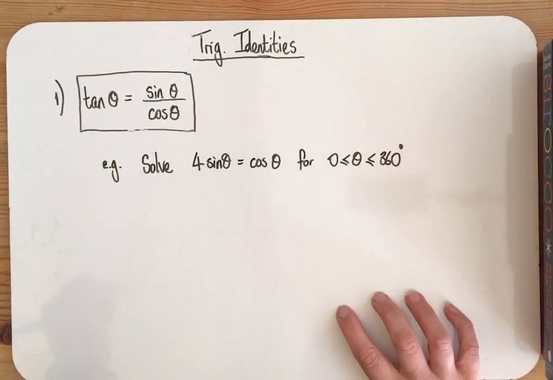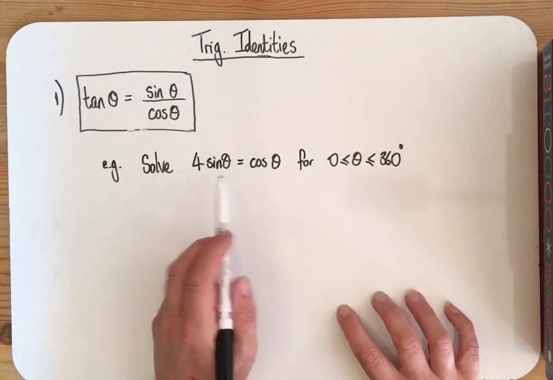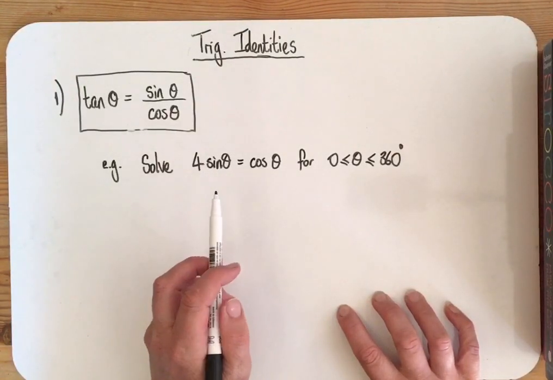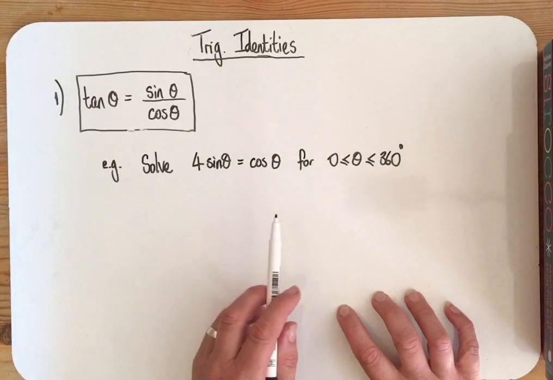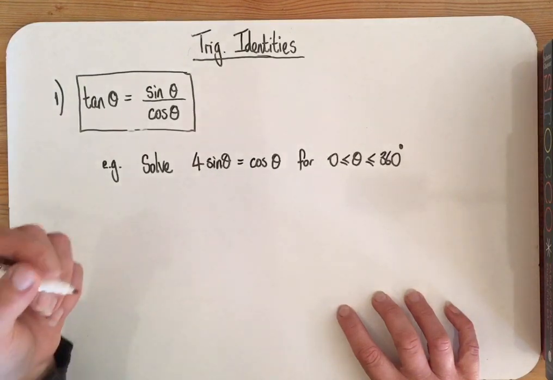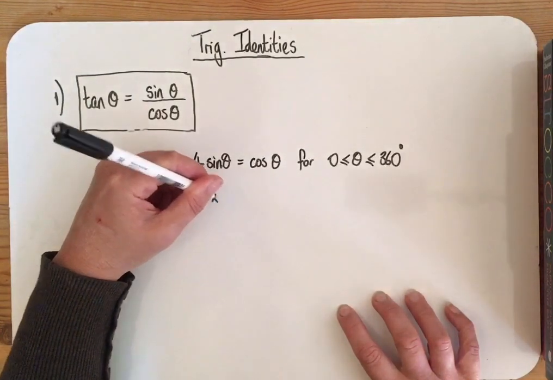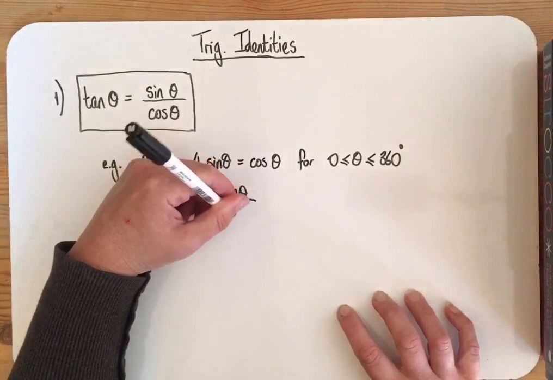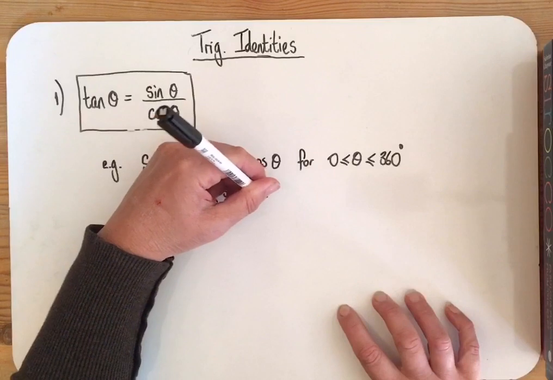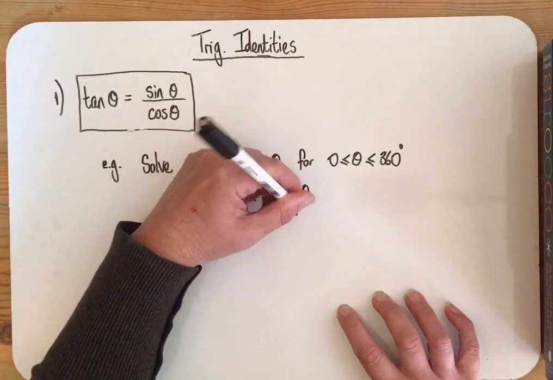So at the moment we can't solve this because it has a sine theta and a cos theta in it, but I can divide right through by cos theta, and that will give me 4 lots of sine theta over cos theta equals cos theta over cos theta.